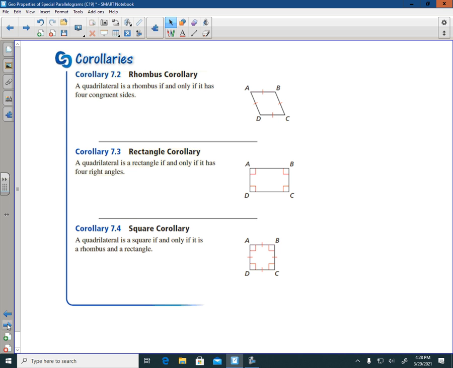A quadrilateral is a square if and only if it is a rhombus and a rectangle. So basically the same idea as the definition, but a little bit more specific. These three corollaries are the ones that we're going to use, very much like theorems, to calculate some ideas. So go ahead and pause and write these down, and then come on back.